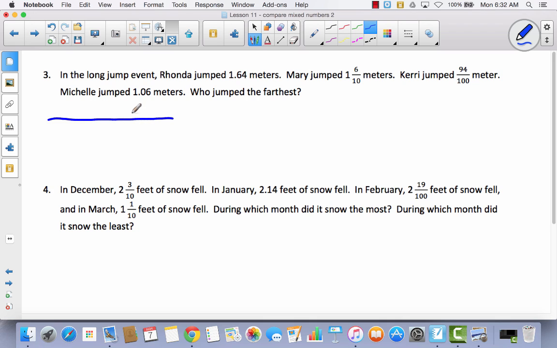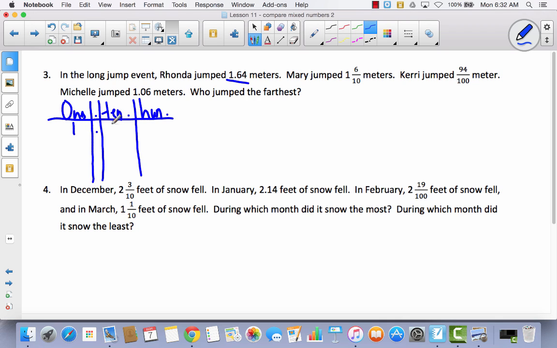So I'm going to draw a place value chart that has a decimal point right here in the middle. And I'm going to call this ones, tenths, and hundredths. And I'm just abbreviating here. So let's go ahead and put the 1 and 64 hundredths in the place value chart.